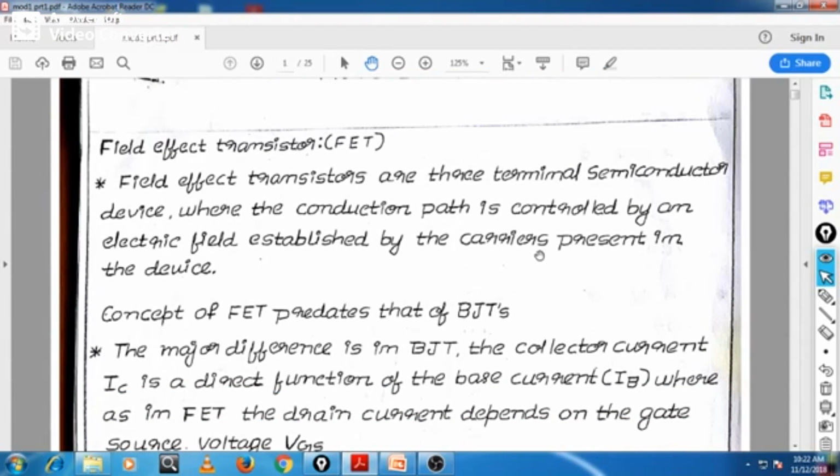The major difference between BJT and FET is BJT is a current control device whereas FET is a voltage control device. That is the first point. I will explain this later. The second point is BJT is a bipolar device and FET is a unipolar device.